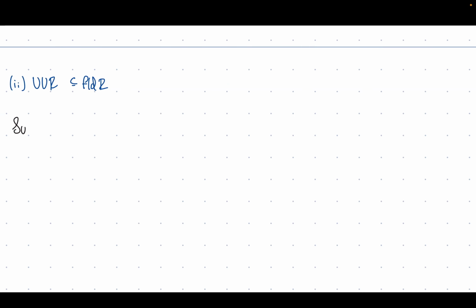Okay, so now suppose that z is in the union of R, right? This means that there exists some bigger Z in the union of R such that little z is in big Z, right?